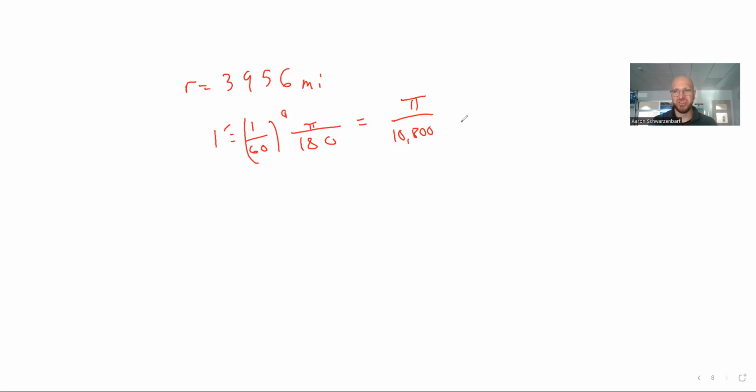So that's my radian measure for 1 nautical mile. Okay. Now I can just use s equals theta r. 3,956 times pi over 10,800, which gives me this conversion of approximately 1.15. And that's how you develop that.